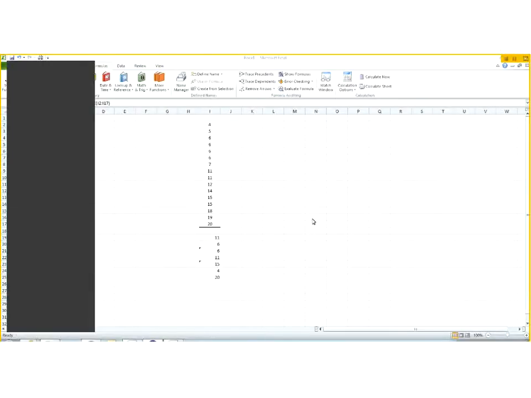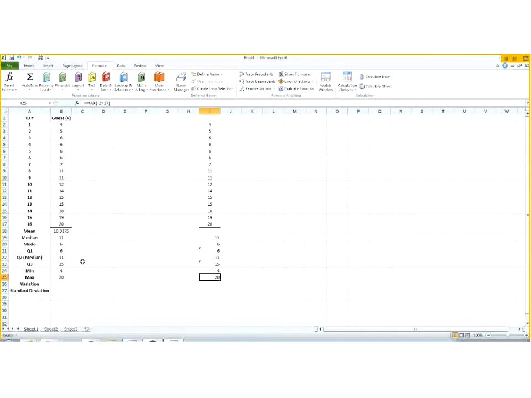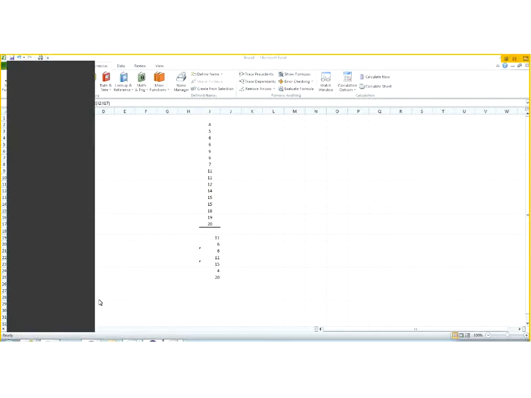Okay, so as I look at this, I know my first quartile is 6, the second one is 11, and the third one is 15. So let me go back and add those to my whiteboard. So we're going to pause sharing here for a second.